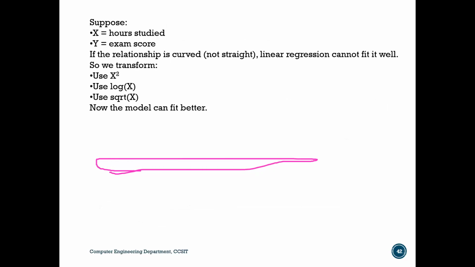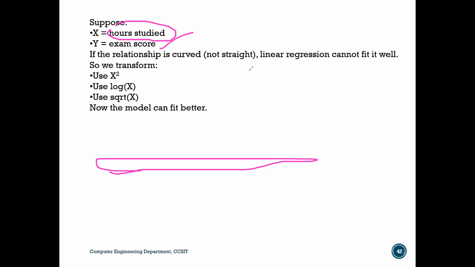Now look at this example. Suppose I have student data and I want to predict whether the student will pass or how much they will score in the exam, based on study hours. So I am taking study hours and the exam score.